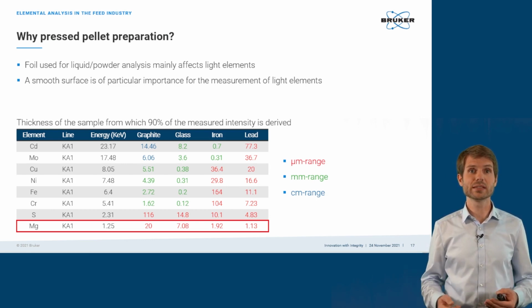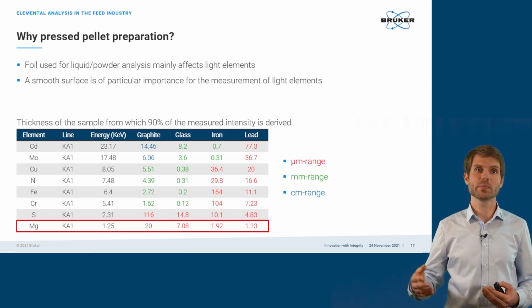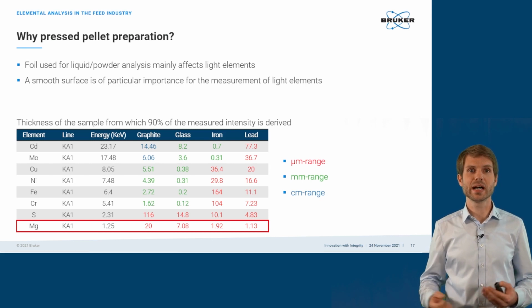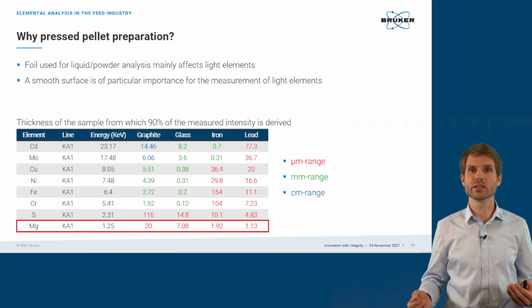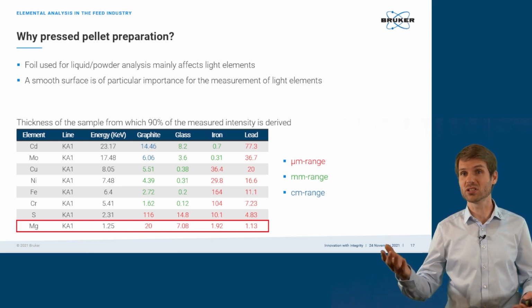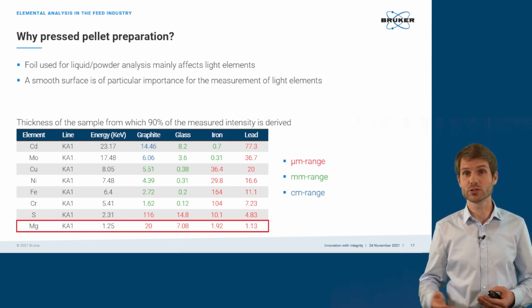So here you have a list of penetration depths based on the different elements. I highlighted magnesium, where, for instance, in a graphite or glass sample, we are talking about a few tenths of a micrometer penetration. The graphite is sort of similar to your sample.